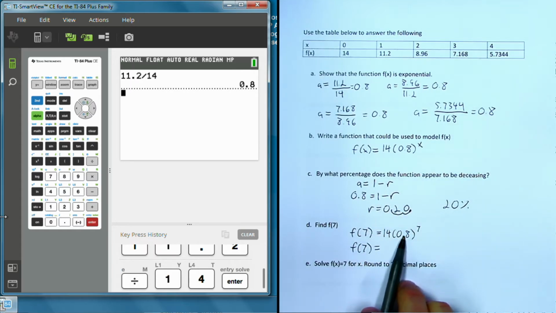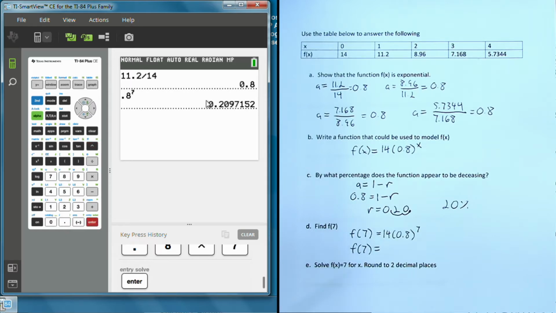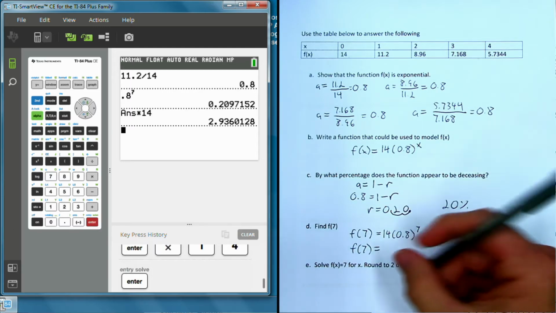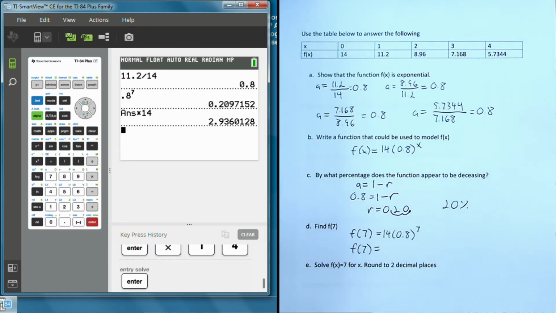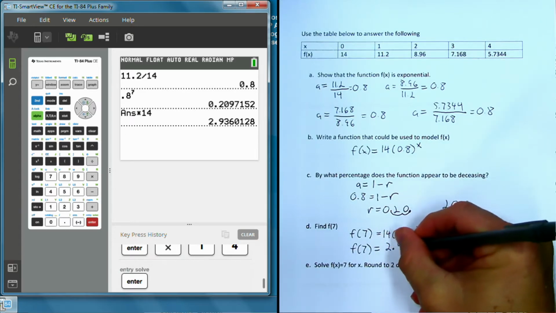Following order of operations, we want to do 0.8 to the power of 7 first. And that gives us this number. Then we're going to take that number and multiply it by 14. So I would say f of 7, if we're rounding, let's say, to 3 decimal places, is 2.936.